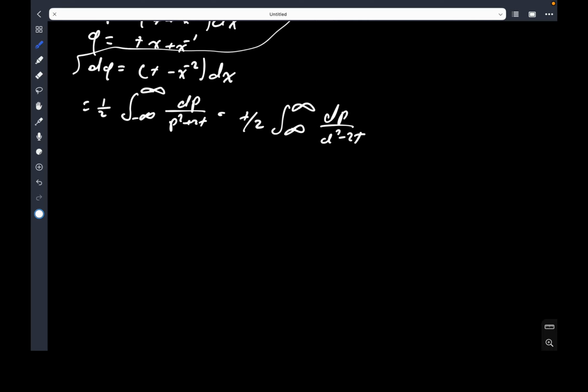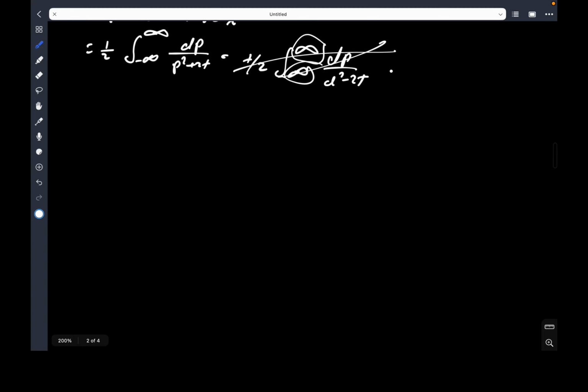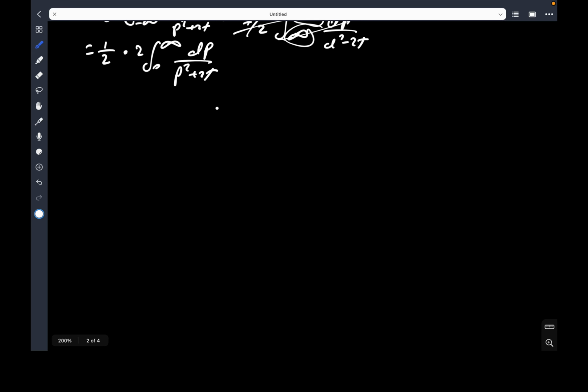The integral that has the same bounds is going to be 0. The area is going to be 0. So thus this half times 2, the integral from 0 to infinity of dp over p squared plus 2t, because it's an even function, the 2's here are going to cancel out.